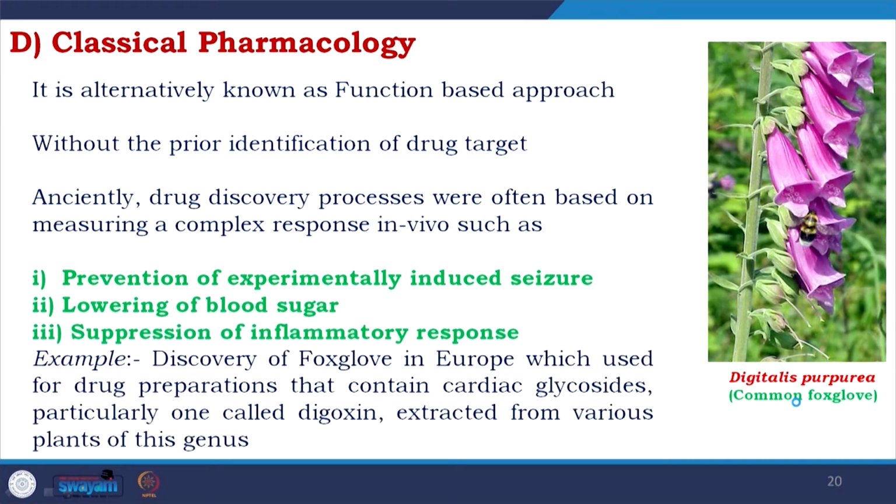One very good example is the discovery of foxglove in Europe, used for drug preparation containing cardiac glycosides, particularly digoxin, which was obtained in high amount from various plants of this genus. This is Digitalis purpurea, which is common foxglove.